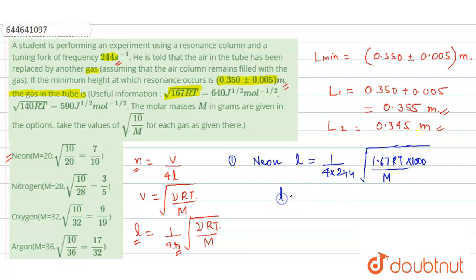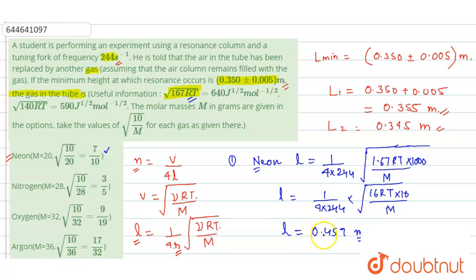So now let's see. We can write it like this: 1 upon 4 into 244 into under root 167 RT into 10 divided by M. Now you can see here we have been given the value of under root 167 RT equal to 640, and 10 by M we have to take as 7 by M. So if we find the minimum length required by neon for the resonance with this tuning fork, it comes out to be 0.459 meters.